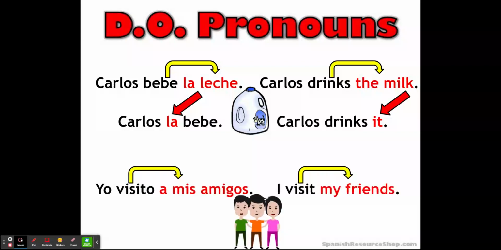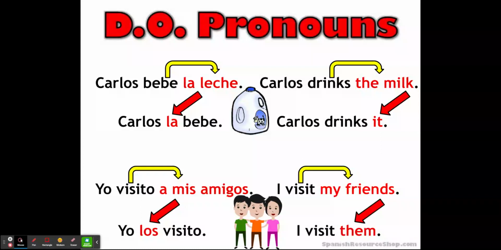Let's take another look. Yo visito a mis amigos. I visit them. Yo visito a mis amigos. What do I do? I visit. That's the conjugated verb because I'm the one doing the action. Yo visito. Whom? Them, a mis amigos. So this is plural, third person, so I'm going to use los.